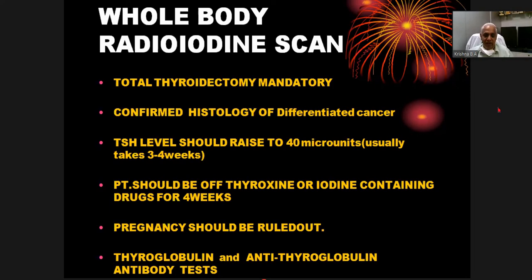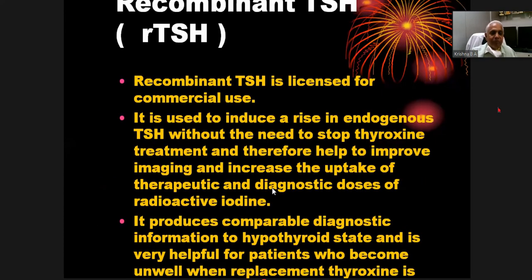So a raised anti-thyroglobulin antibody with a normal thyroglobulin level does suggest that there is a disease somewhere in the body. So all these three are a combination of workup: TSH, TG, and anti-thyroglobulin antibody.